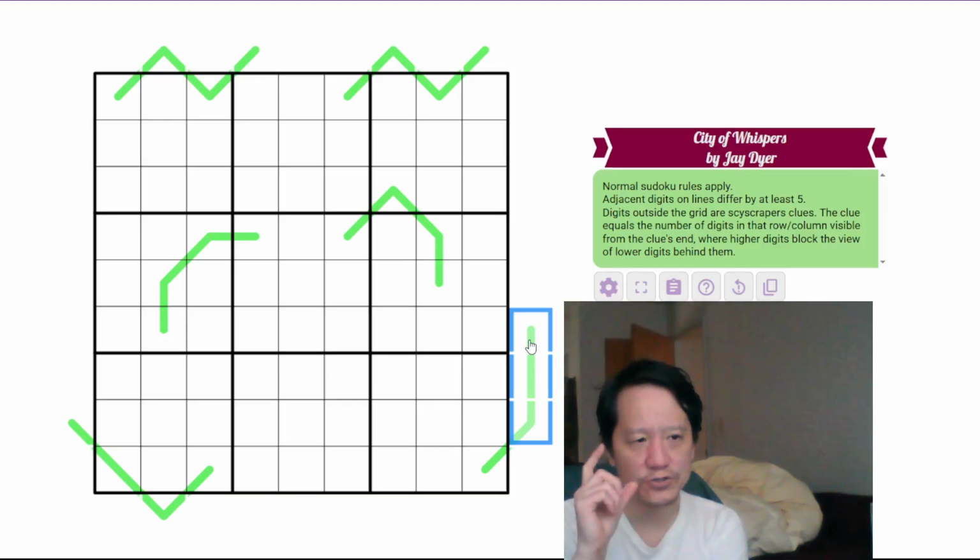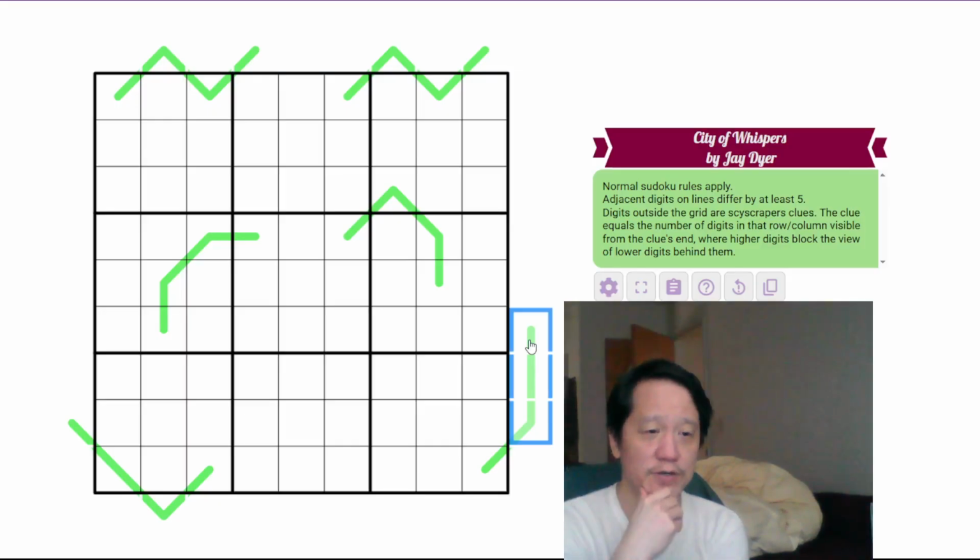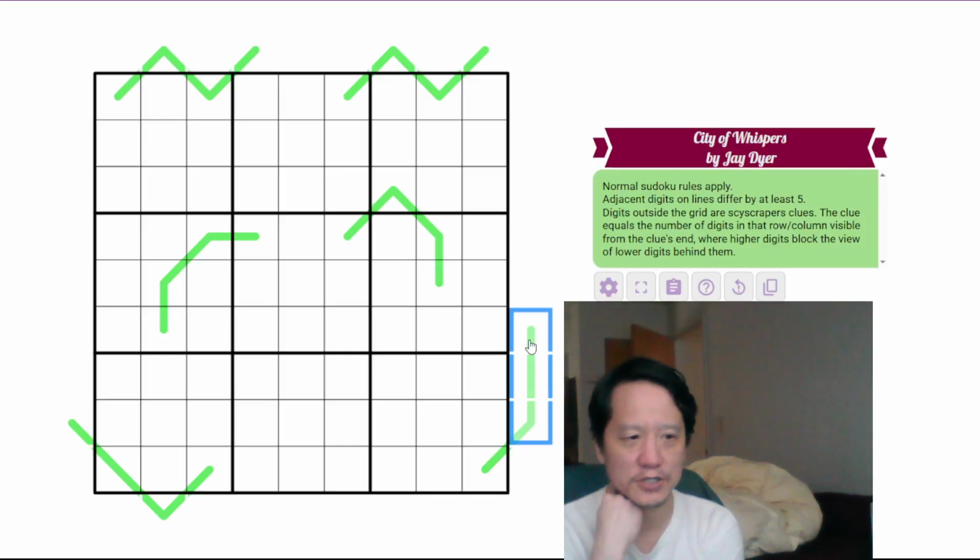And you must alternate between low digits and high digits because I've said it many times in Learn How to Sudoku puzzles and other puzzles too. So if you want to understand the reasoning why you have to alternate between low and high digits on a Whisper 5 line, check out any of my Whisper 5 puzzles, particularly on the Learn How to Sudoku section.